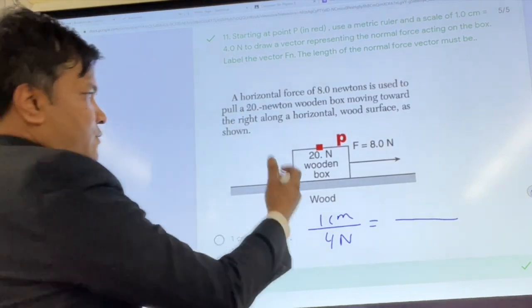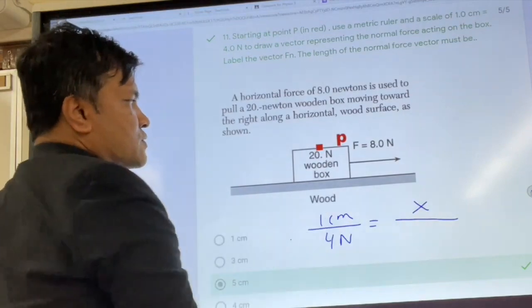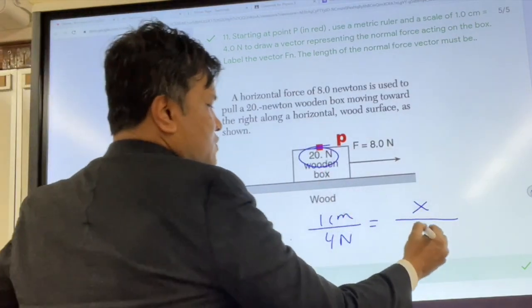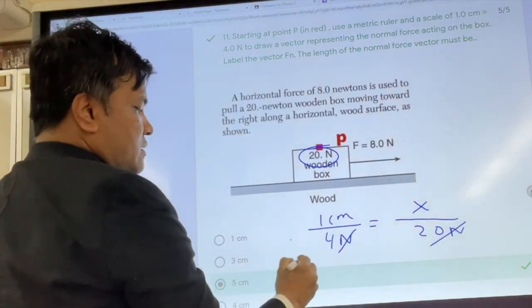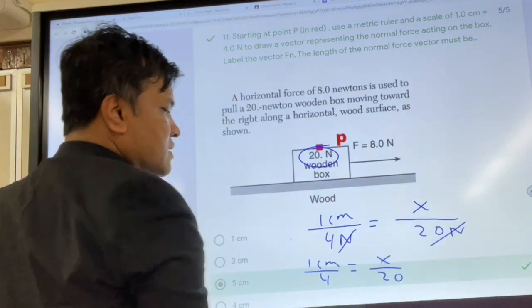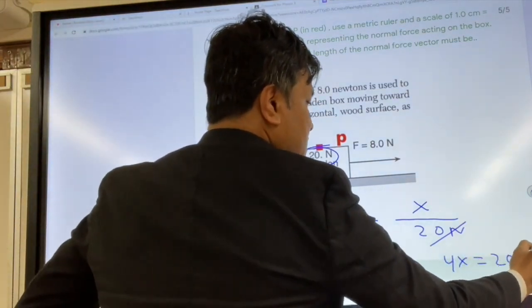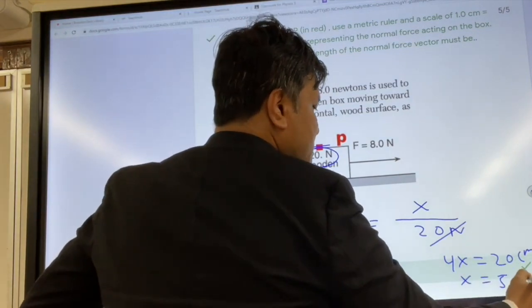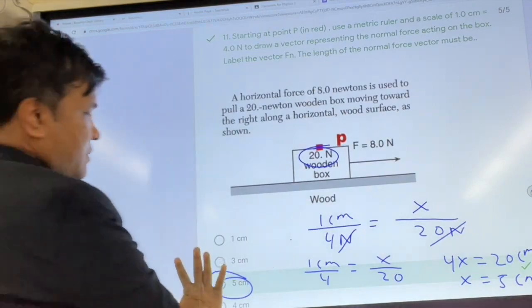So x is the normal force. Let's find the normal force. Normal force is 20 Newton. The Newtons cancel, so 1 centimeter over 4 is equal to x over 20. So 4x is equal to 20 centimeter, so x is equal to 5 centimeter. Okay, that is number 11.